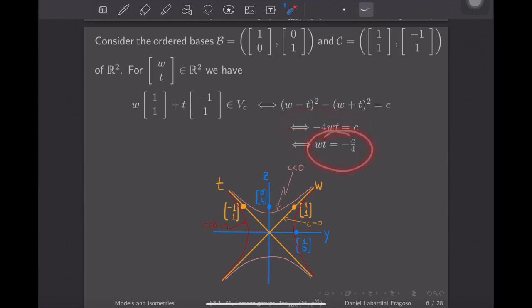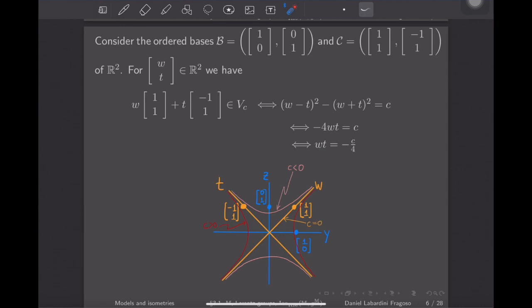what I see is that in the WT plane, that is when I compute in terms of this basis, so when I really look at this coordinate system, I obtain a hyperbola, right?